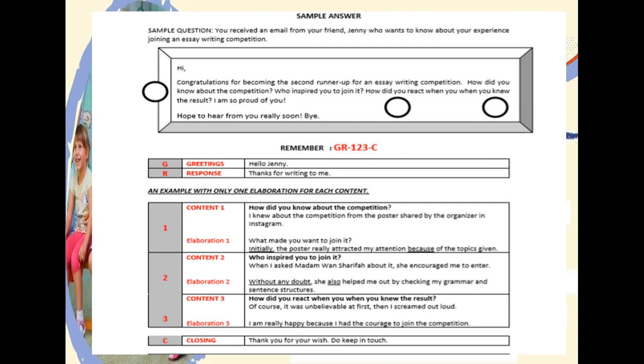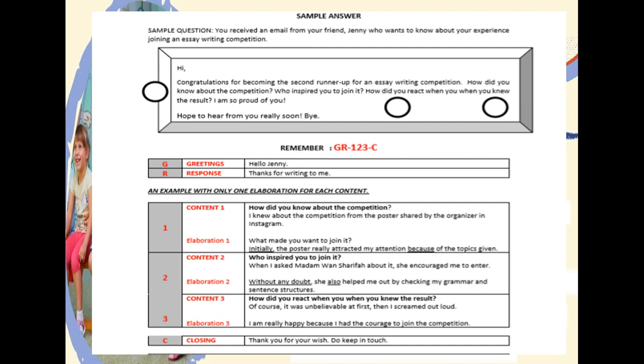C, the closing would be: Thank you for your wish. Do keep in touch. Can you see the words that have been underlined? Some of them are conjunctions and some are your cohesive devices.